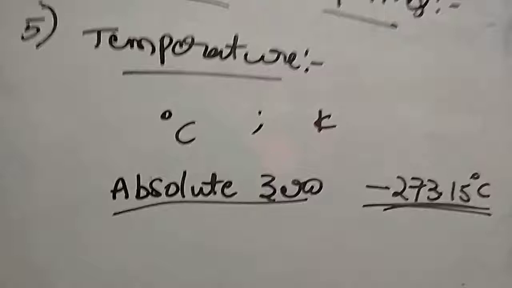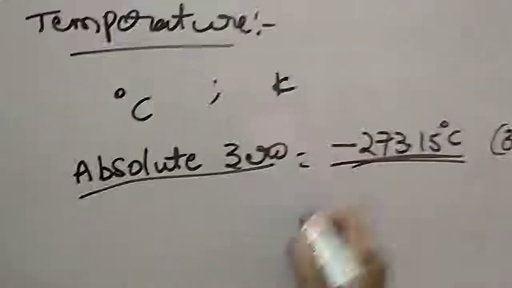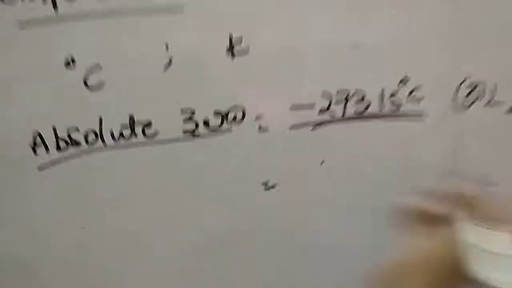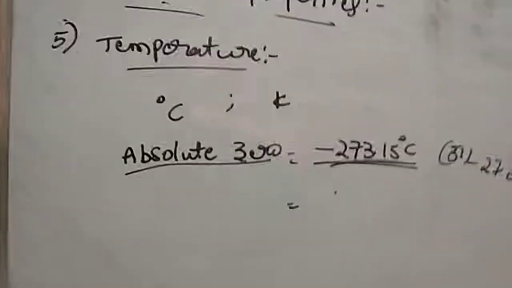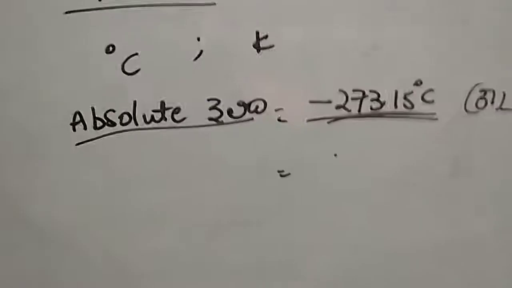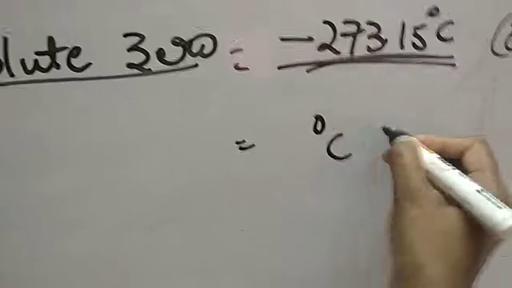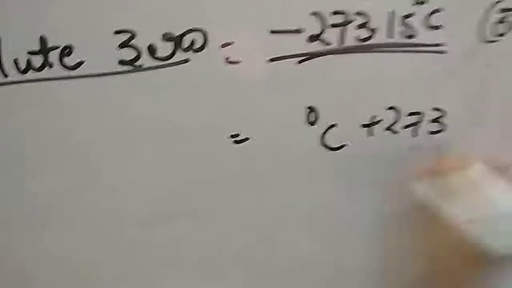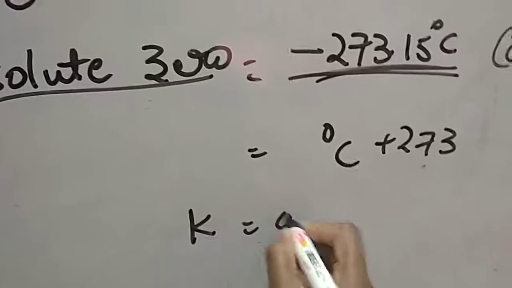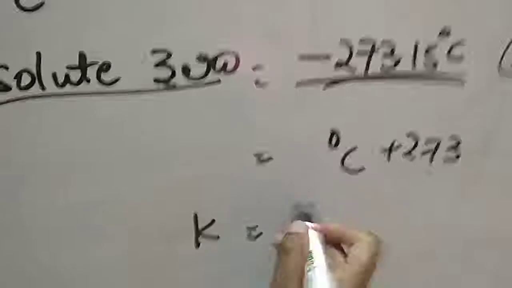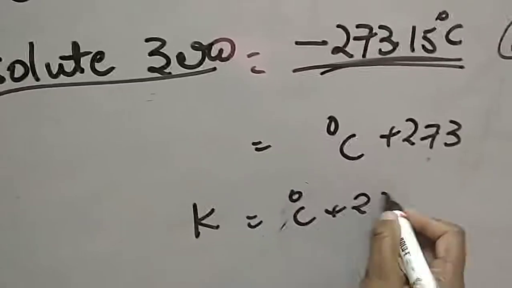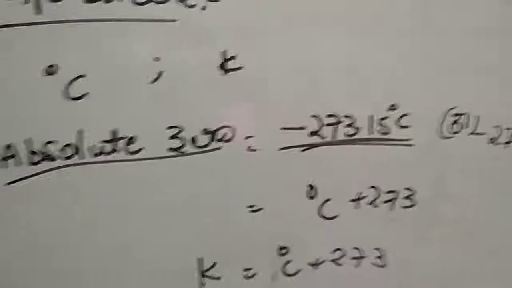If you want to take it in the Kelvin scale, then absolute zero will be 0 Kelvin. That is nothing but degrees Celsius added by 273. So degrees Celsius plus 273 equals the temperature on the Kelvin scale. This gives you the temperature.